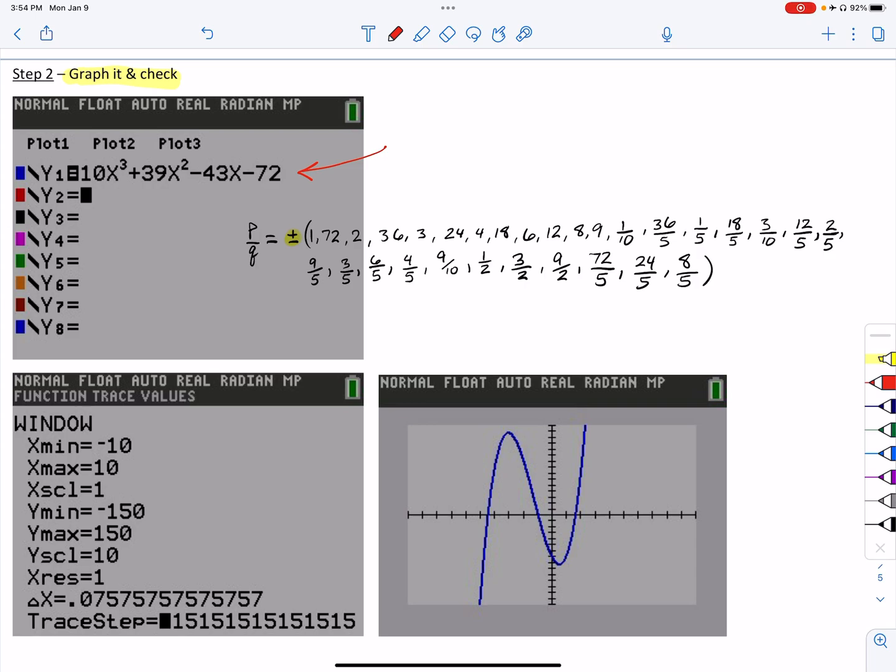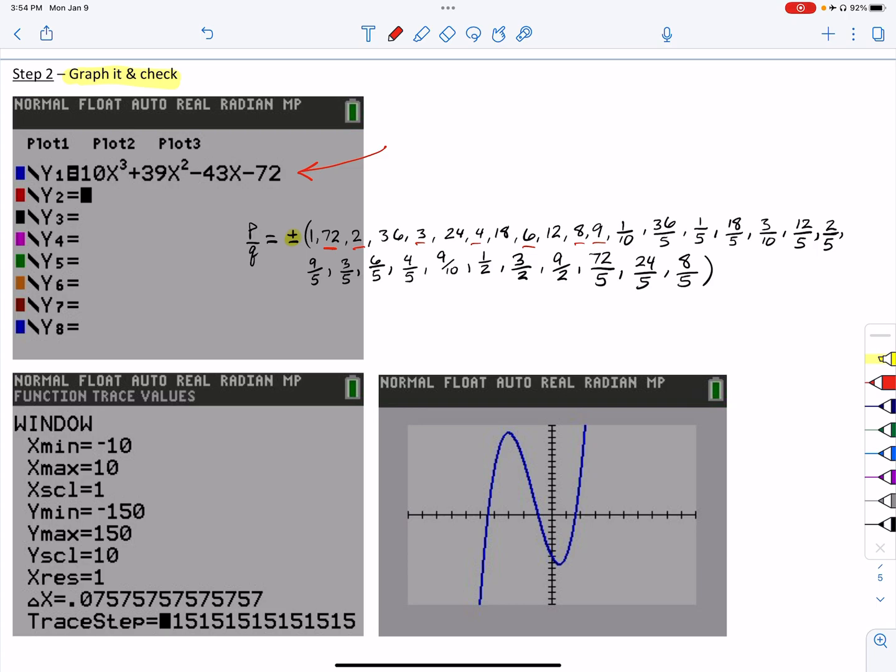Then think about the size of the numbers here. Okay, so you could start with a fairly conservative window. I mean, we do have as big as 72 and negative 72, but most of these values are fractions, okay, are going to land kind of in this, 2, 3, 4, 6, a lot of things under 10 and even under 4 or 5 here when you think about some of these fraction values.